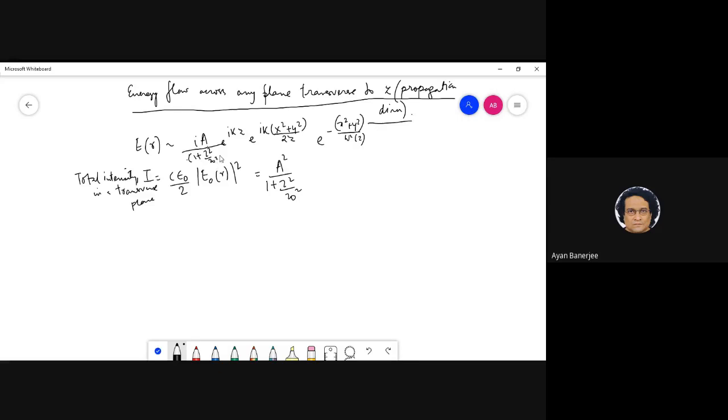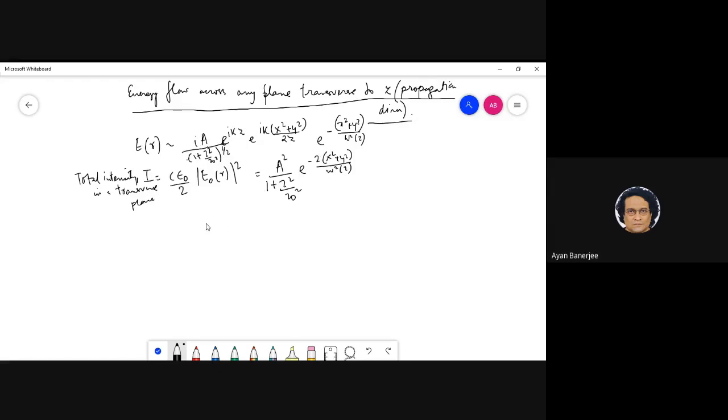This is the actual expression, right? So then the total intensity is e to the minus 2 (x squared plus y squared) by omega squared z, right? Okay, this is fine. So now this is exactly what you have for a Gaussian.